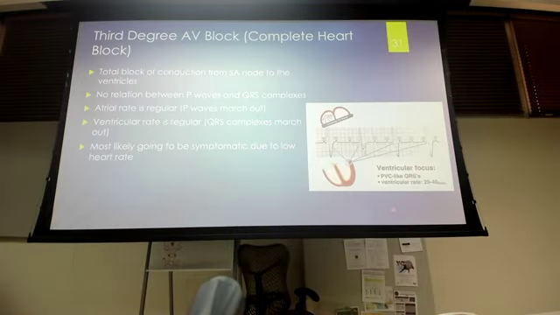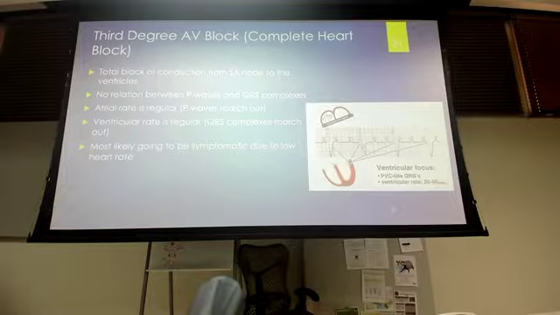Third degree AV block. This is always the one that kind of messes with people's brains. In a third degree AV block, we have complete block of depolarization down to the ventricles. The SA node is firing and has no cares in the world because it's doing its job.